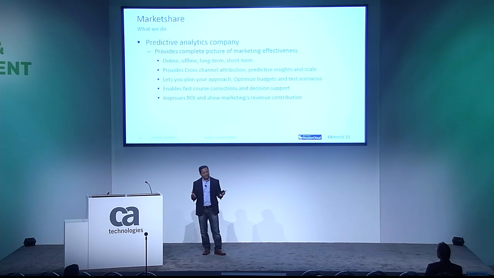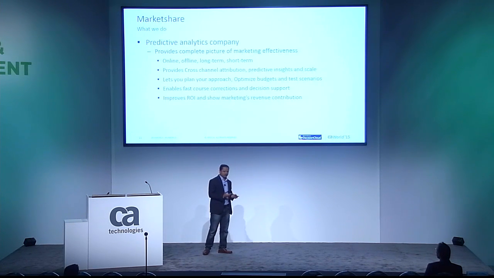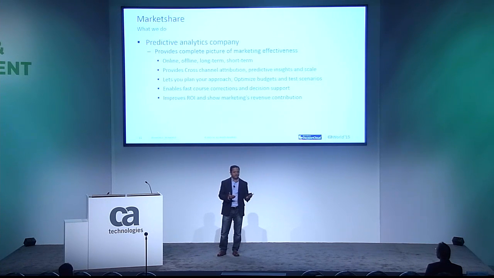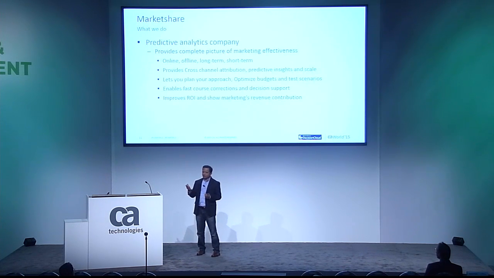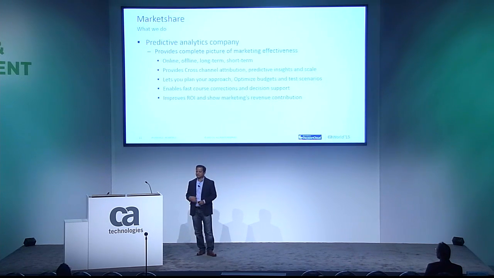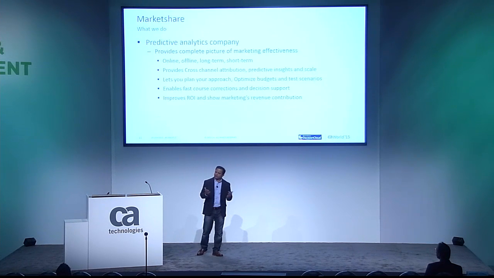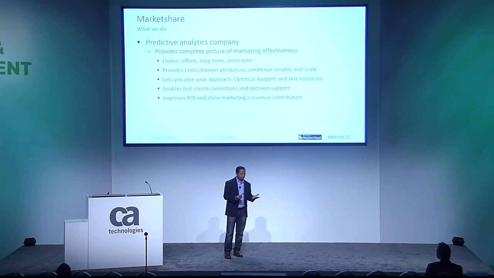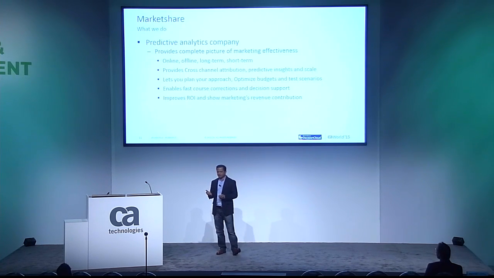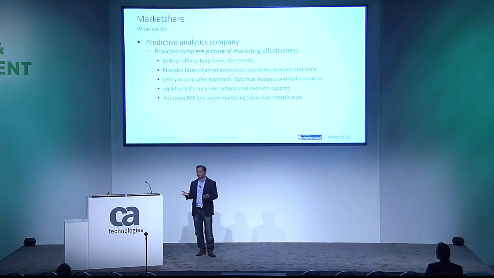Based off of that, we're going to optimize your budget. While doing that, we also give you the ability to create different scenarios. For example, if you want to hit a certain sales target, or if you want to maximize your profit, how can you do that while optimizing your budget? We basically just give you a tool. You can click on certain things. You can say, okay, my marketing budget is going to be down by 10% this year.